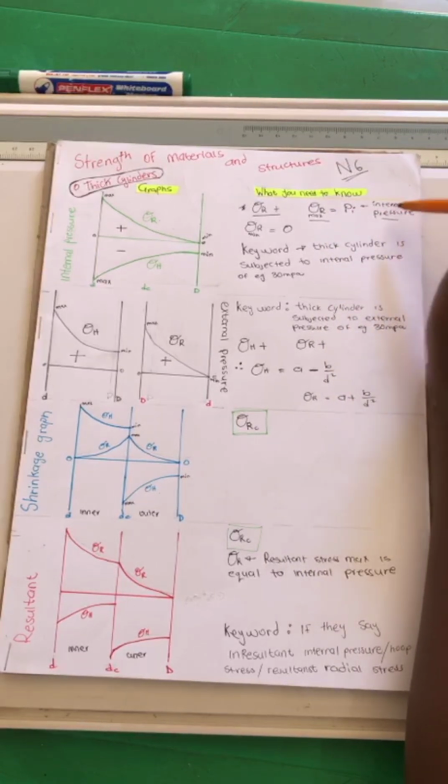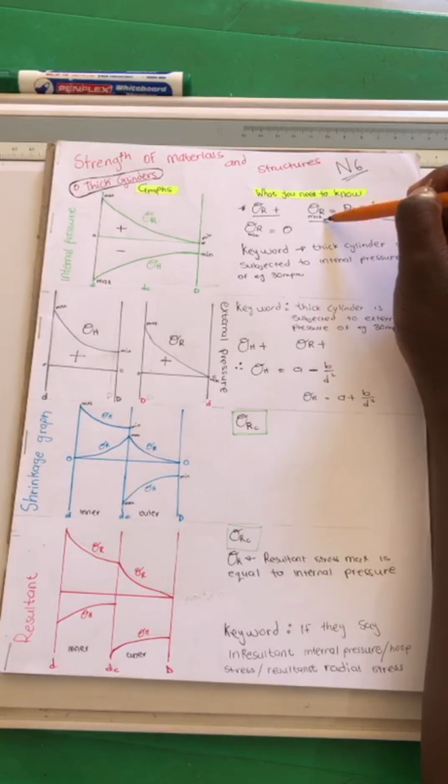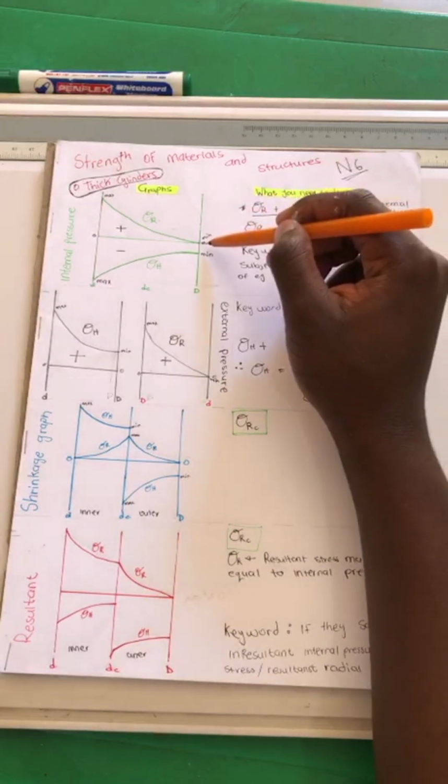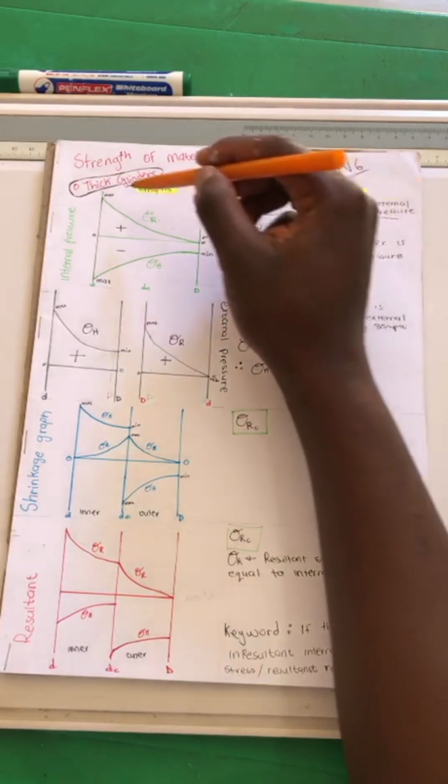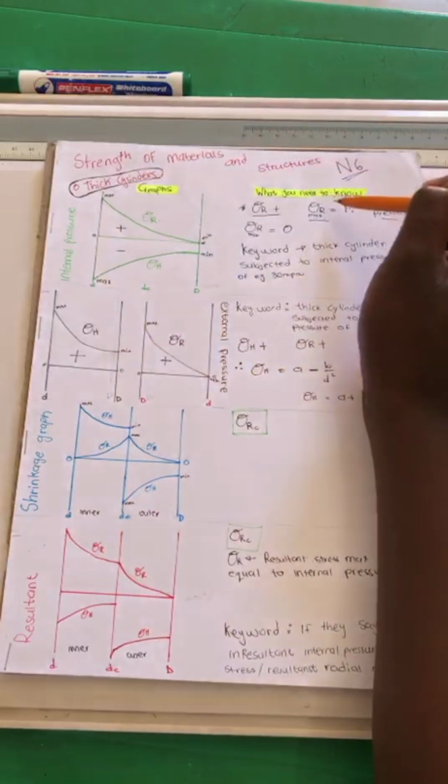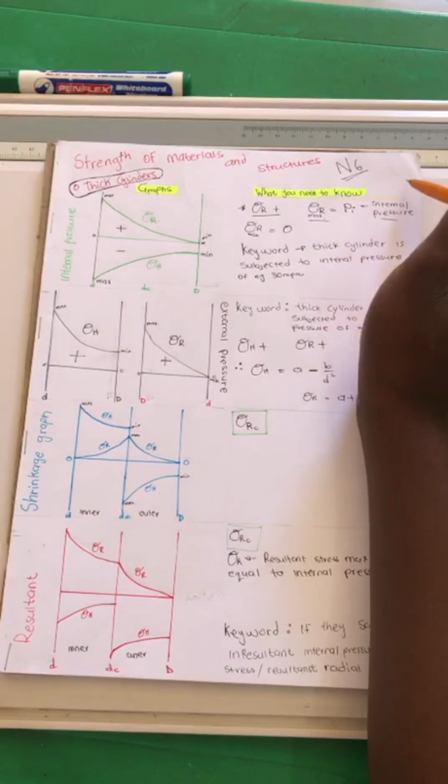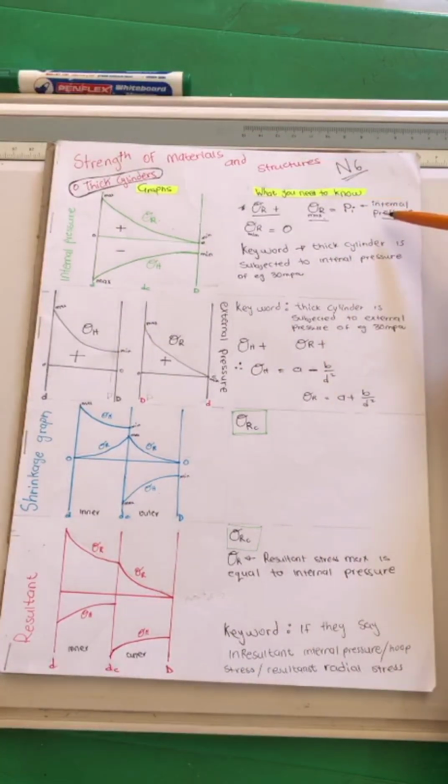Your internal pressure is equal to your radial stress at maximum, not at minimum, because at minimum it's 0. The maximum is the quantity that you're going to receive the internal pressure in. Maybe it's going to be 40 megapascals, maybe 35, depending on the question.